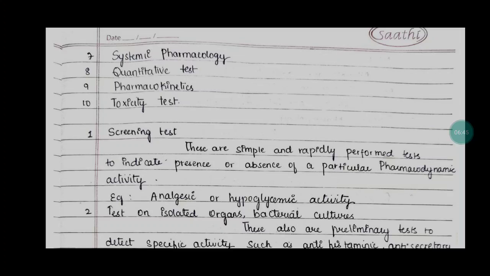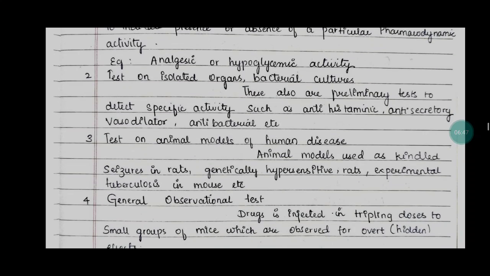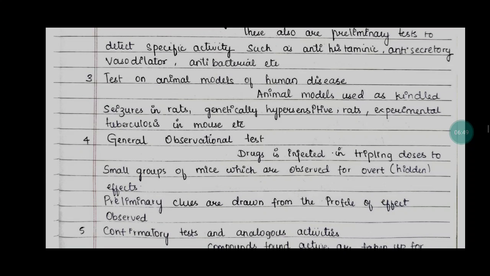These are preliminary tests to detect specific activity such as antihistaminic, antisecretory, vasodilator, antibacterial, etc. And number three, tests on animal models of human diseases. Animal models used are like kindled seizures in rats, genetically hypertensive rats, experimental tuberculosis in mice, etc.